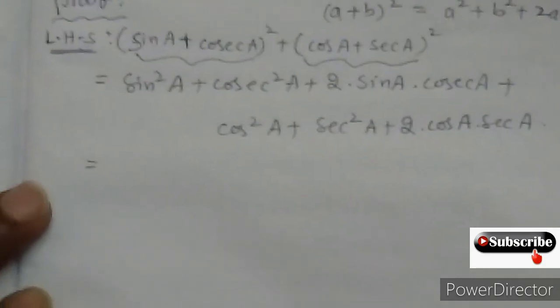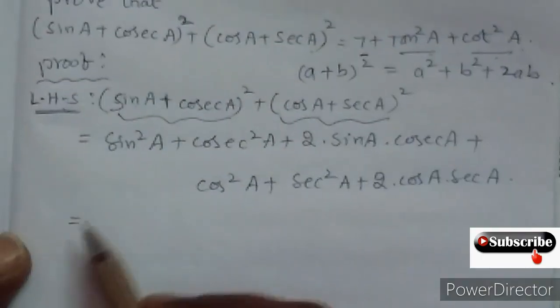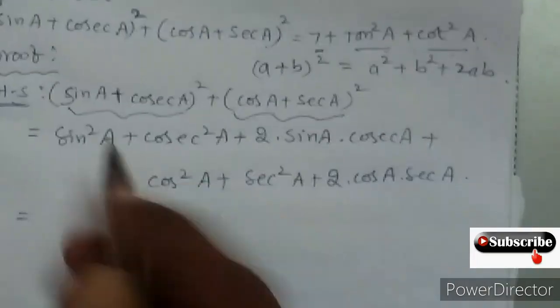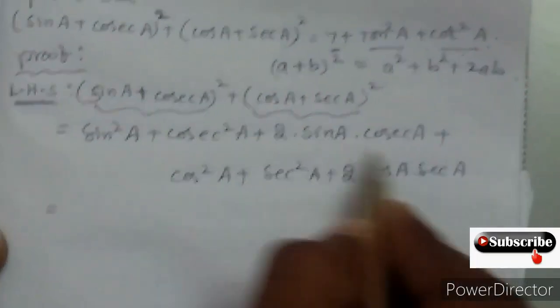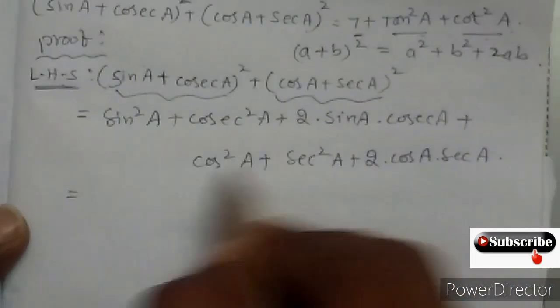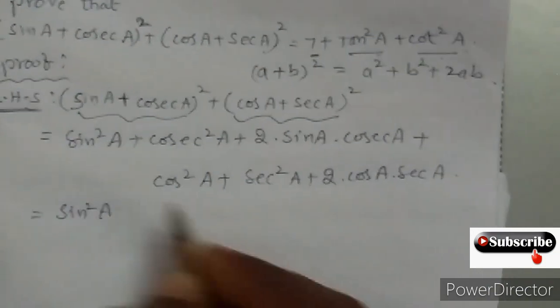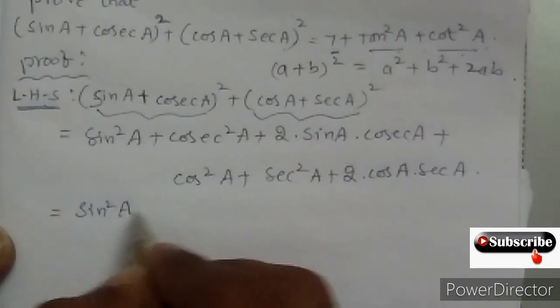Next step is so if you observe the RHS value, we have to get the constant value. How will you get constant value? Here the terms in this step are all in addition. That's why we can change the order. That's why I am writing sin square A as it is, and I am writing this cos square A here.